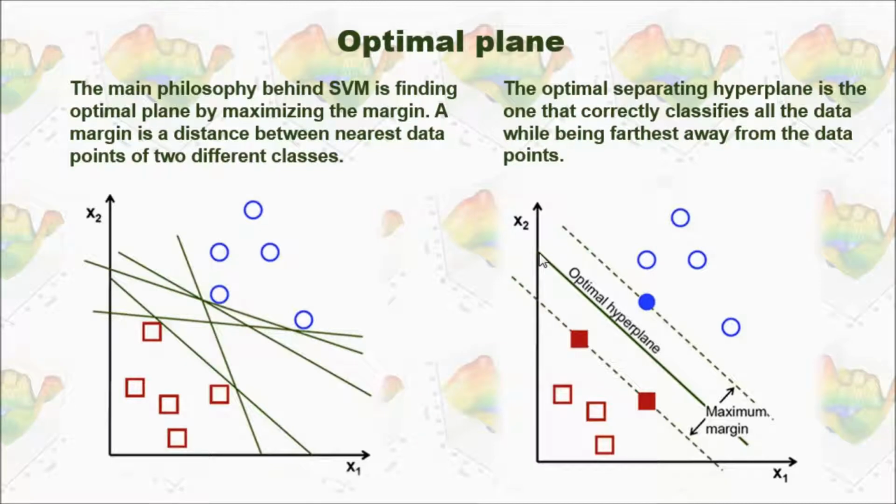See this plane, it separates all those two categories, and also it has the maximum margin between all those two groups of data. So we should use this hyperplane to separate the data.